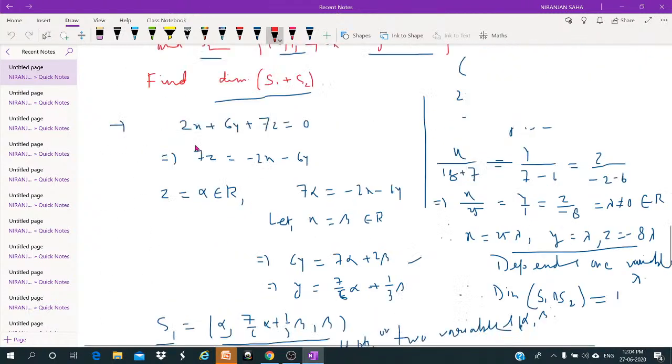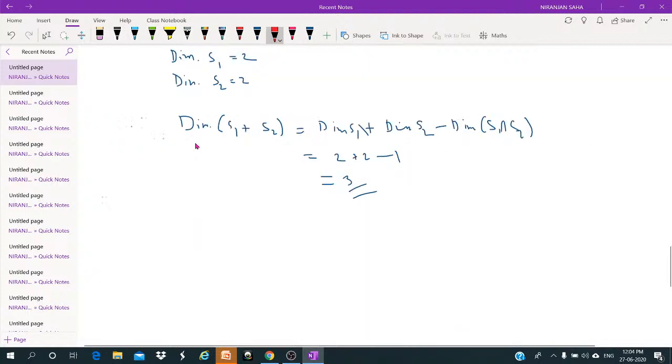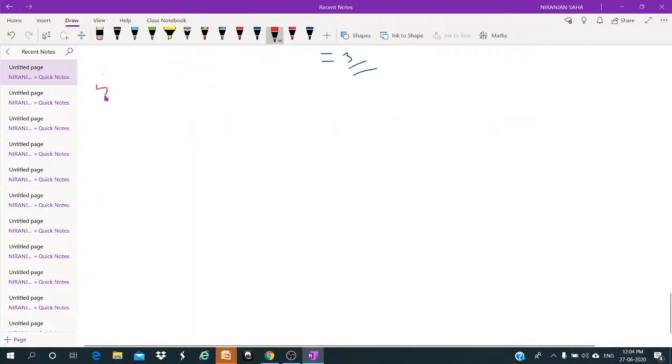Solve some problems with vector spaces. So another problem, problem 5.